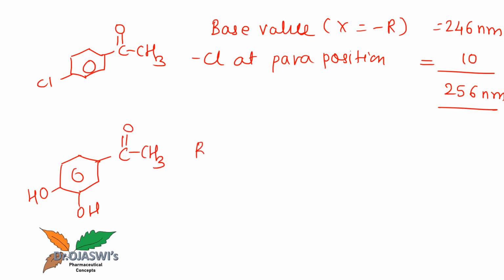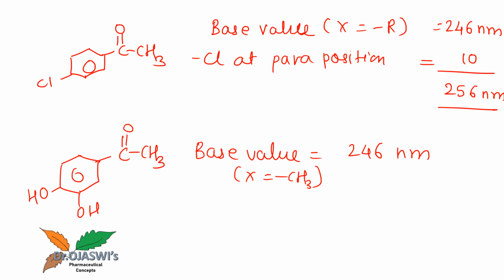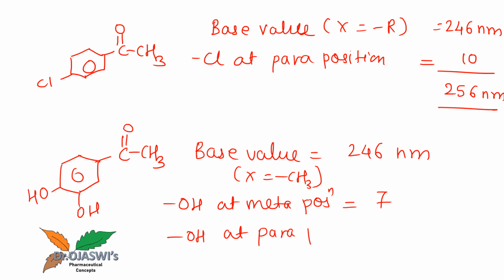For this compound also I can take the base value as 246 nanometers as X is equal to CH3, that is R. And then for the incremental values, OH at meta position, 7 units I can add as per the chart on the previous slide, and OH at para position, here I can add 25 units. So in total it becomes 278 nanometers. This is the theoretical lambda max for this particular compound.